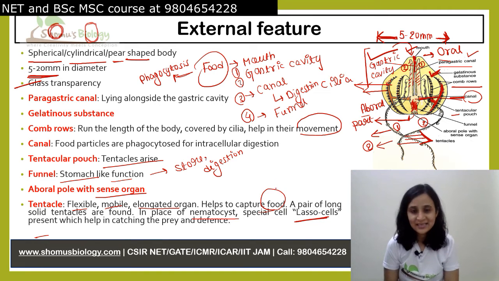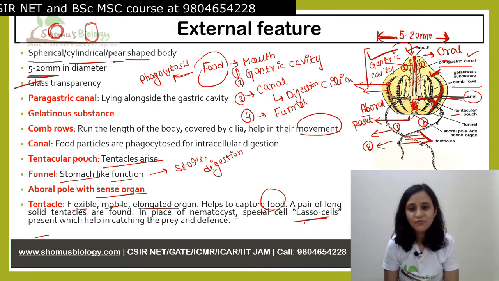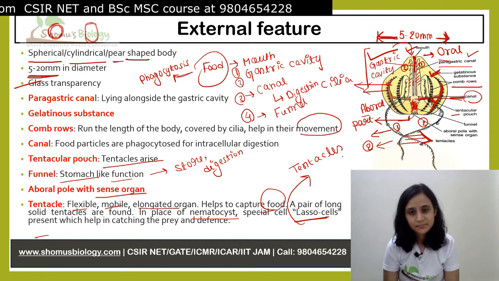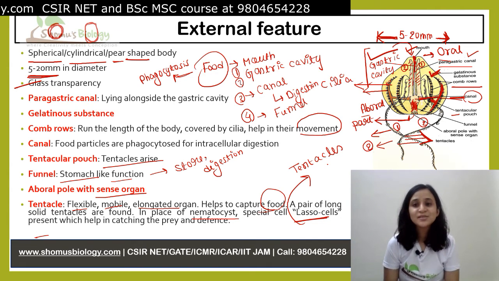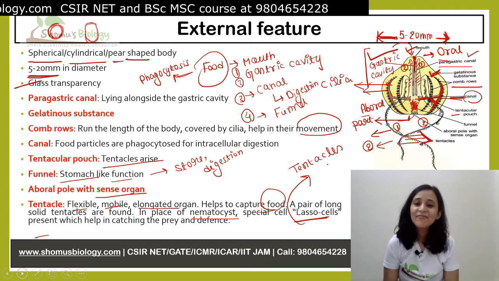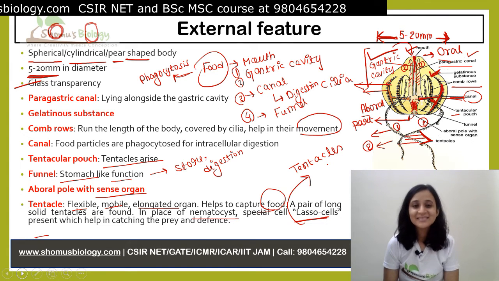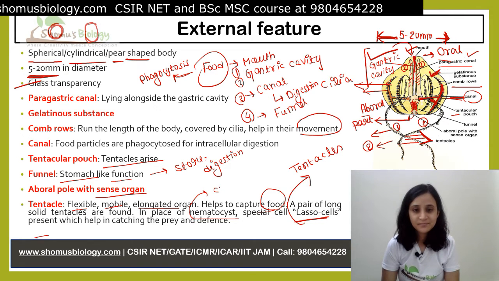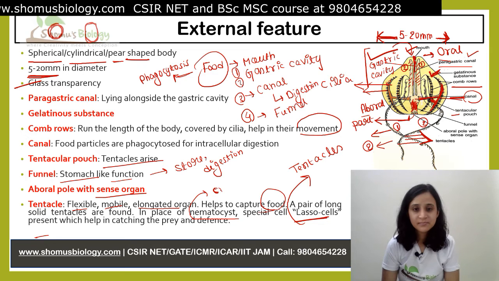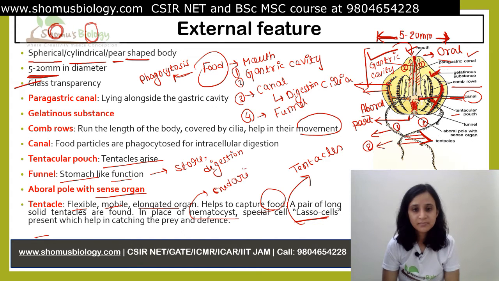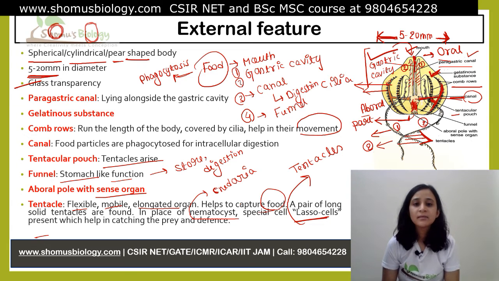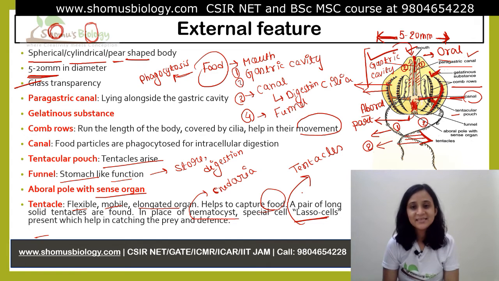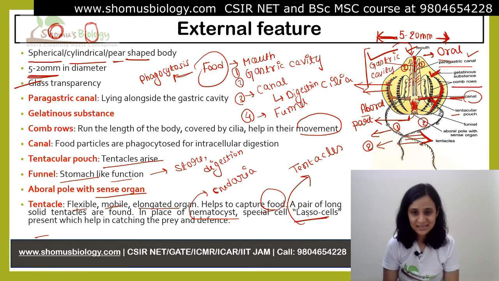So tentacles are actually made up of these lasso cells. In the case of Cnidaria, we found that tentacles are made up of nematocysts, right? And in this case, tentacles are made up of lasso cells.